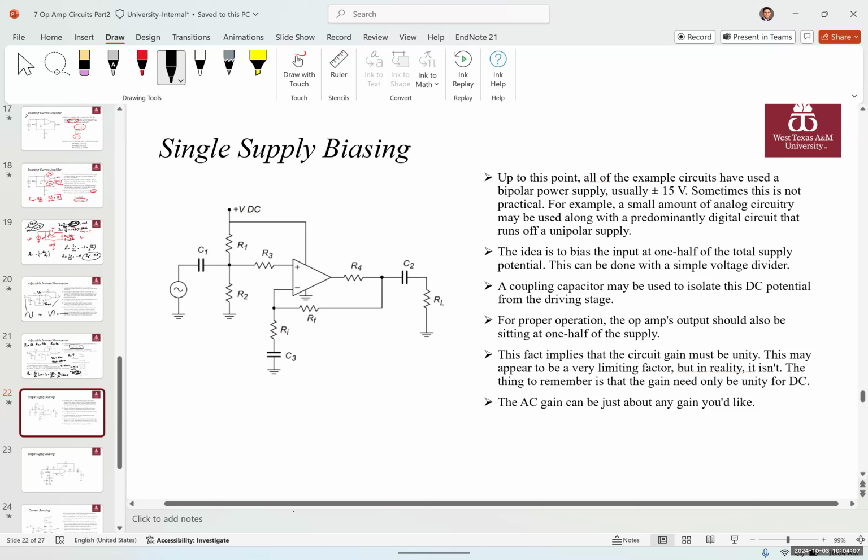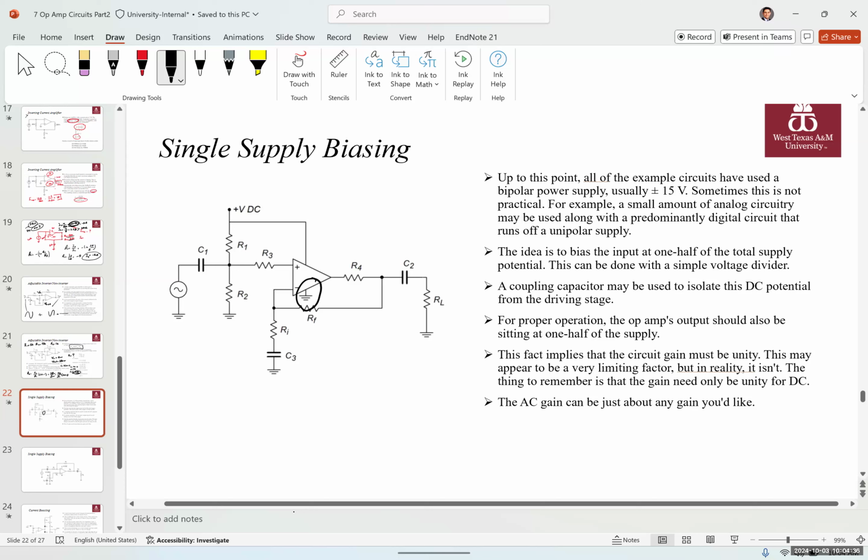In the single supply biasing, one of the DC supply rails is connected to the ground. The other one, the single battery, both supplies the voltage for the op amp, and sometimes we use it as biasing for the input as well.